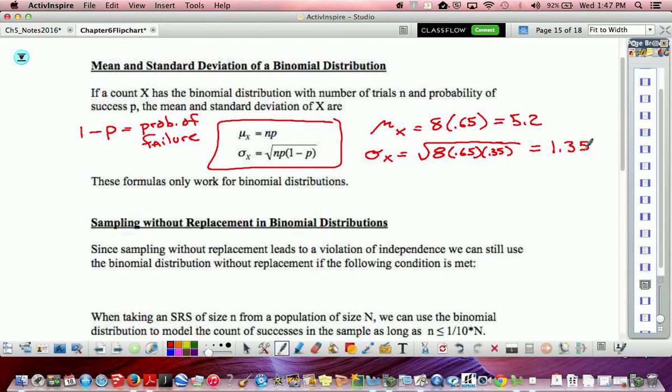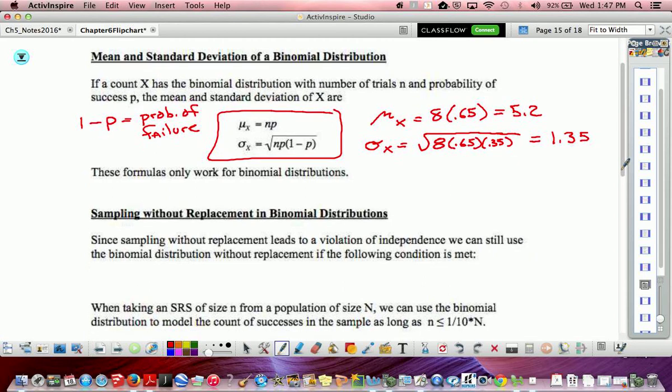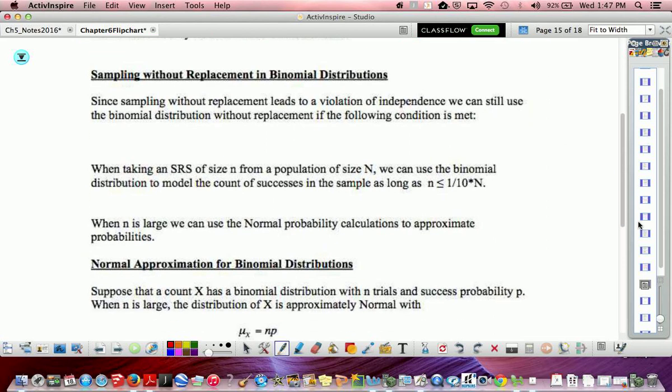But the first thing I just want to talk about here is this concept of sampling without replacement in binomial distributions. One of the issues sometimes that happens when we talk about binomial distributions is checking for independence. Once in a while, the probability of one outcome could influence the other outcome.